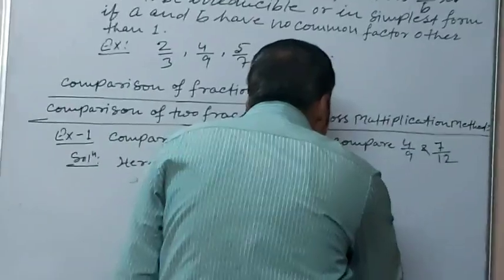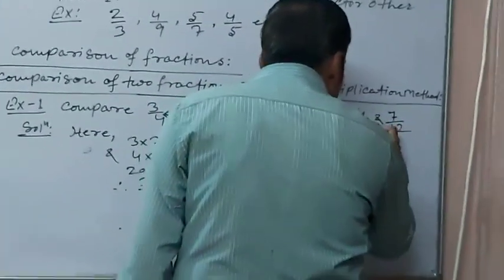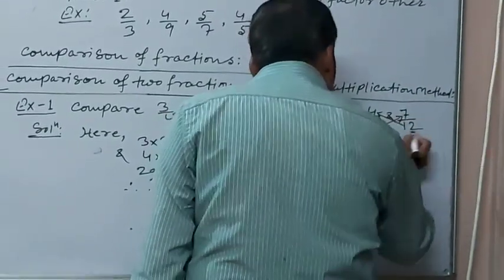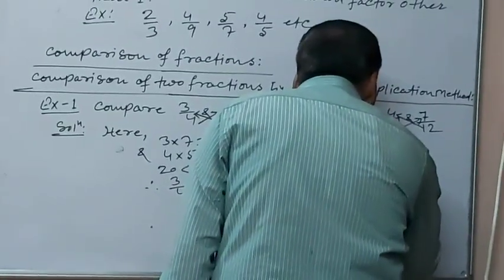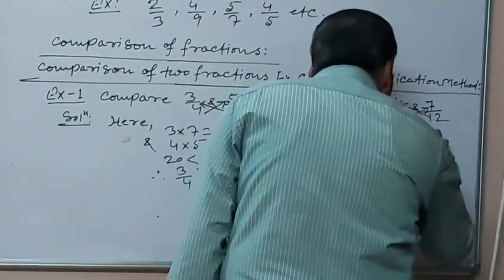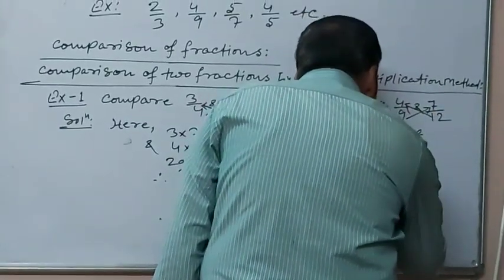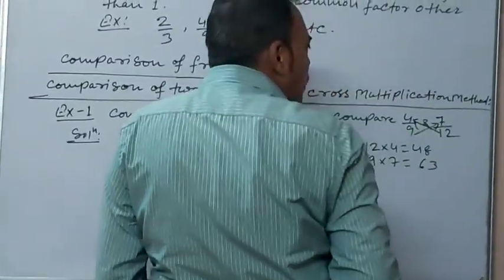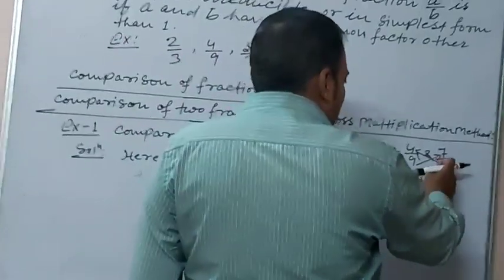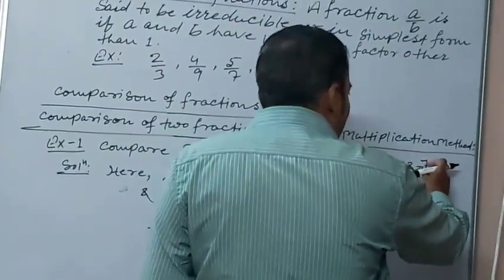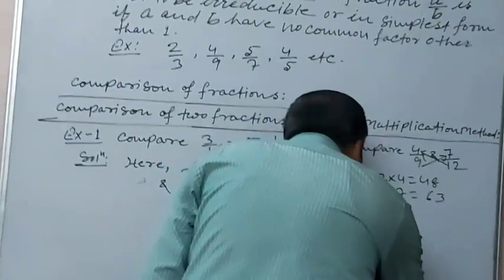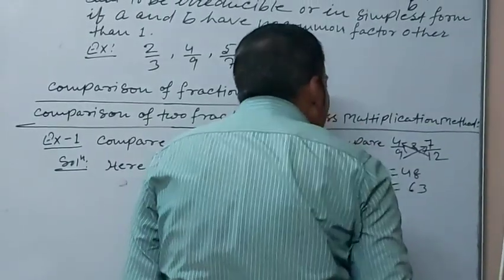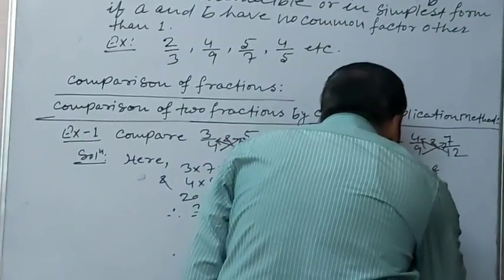Here 12 into 4, that will go to this side and that will go to this side. 12 into 4 equal to 48 and 9 into 7 equal to 63. Now which one is greater? 63. So the fraction to the right side, 7 by 12, is greater. Therefore 4 by 9 is less than 7 by 12.